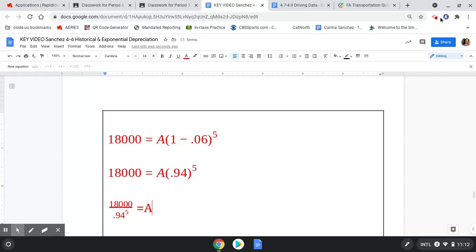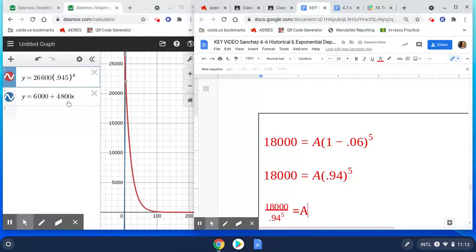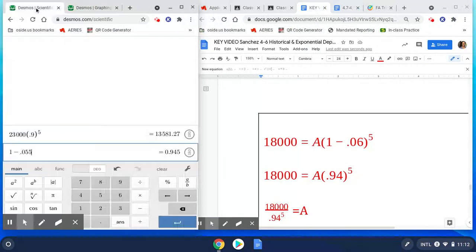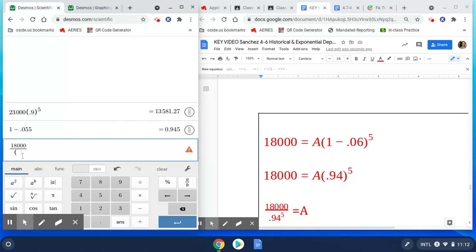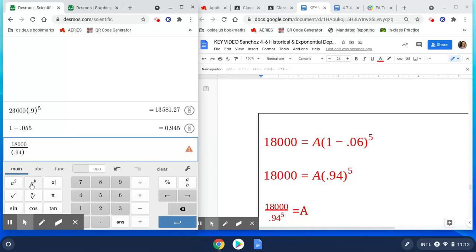So let's go plug that into Desmos and see what we get as the original price of the car. So 18,000 divided by 0.94 to the power of 5.